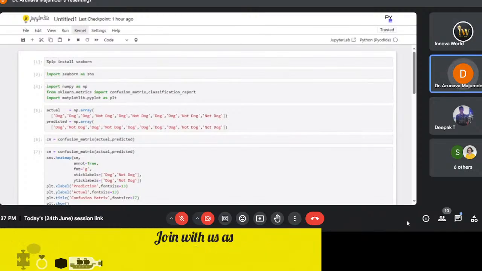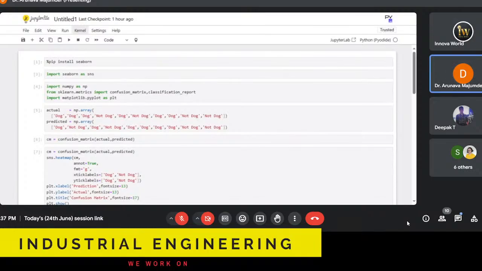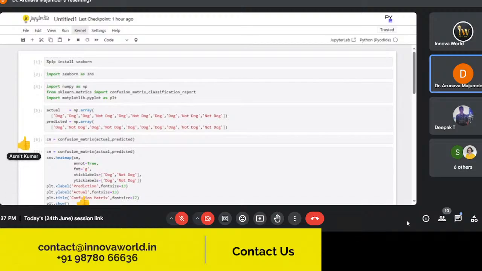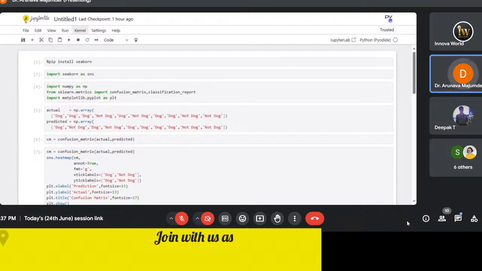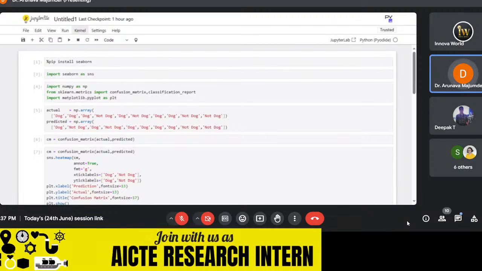Is the screen visible to all of you? Okay. So this is the basic matrix I'm just giving you, to show how it works in Jupyter Notebook.